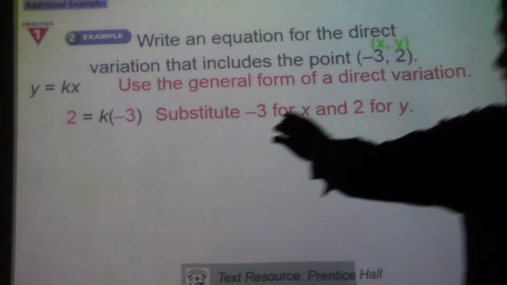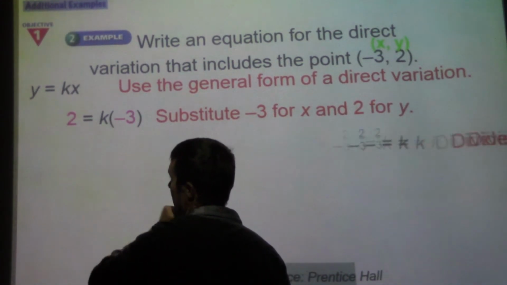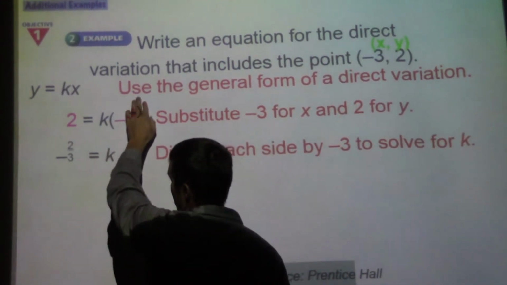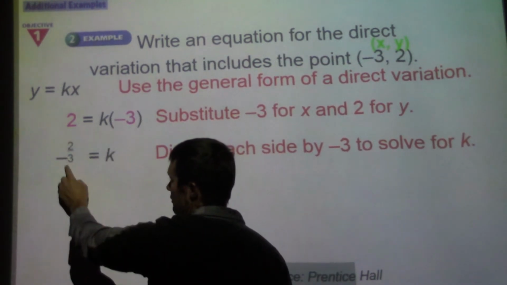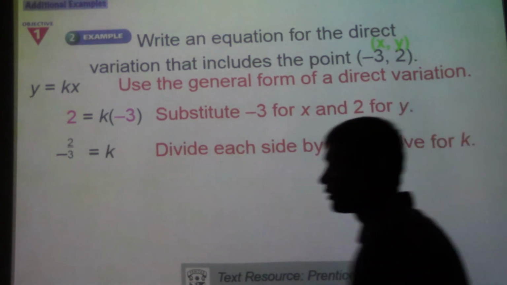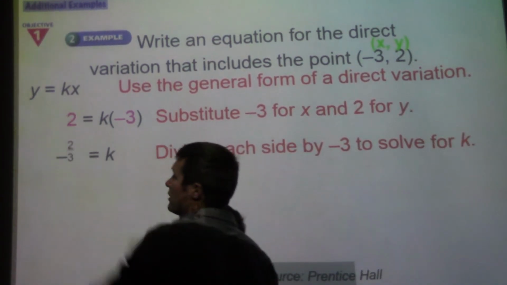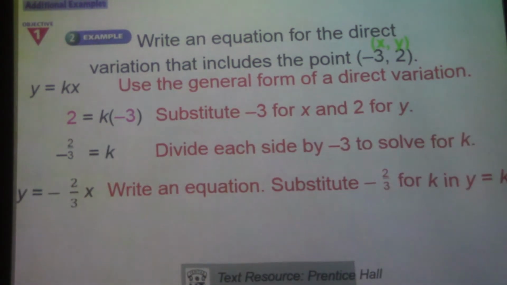To get k by itself, divide by negative 3. Negative 3 divided by negative 3 cancels, and 2 divided by negative 3 is negative 2/3. Now all you have to do is plug this in for k. So y is equal to negative 2/3 times x.